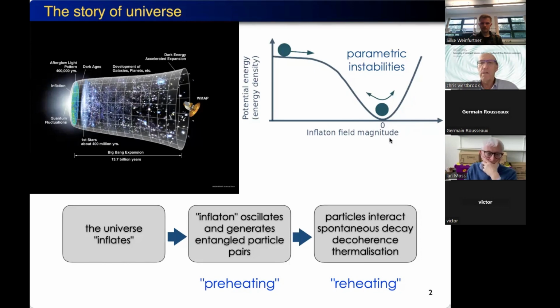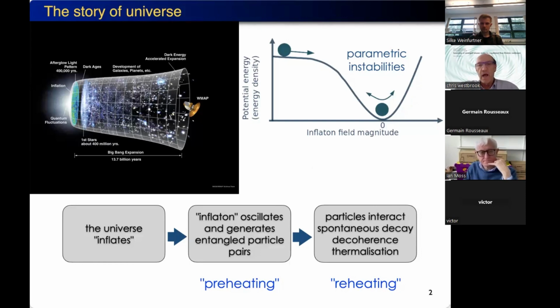That causes a parametric instability, which creates particles in pairs, and presumably in entangled pairs. As I understand it, this is often referred to as preheating in cosmological scenarios.